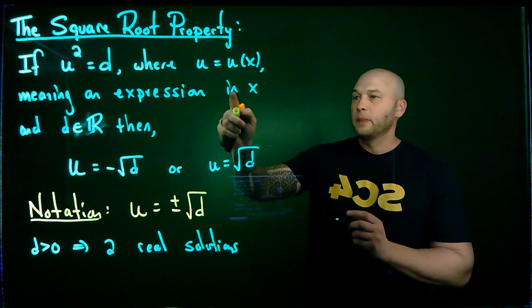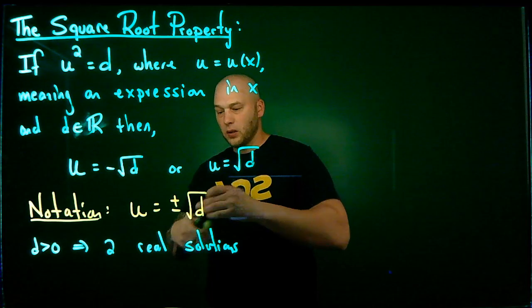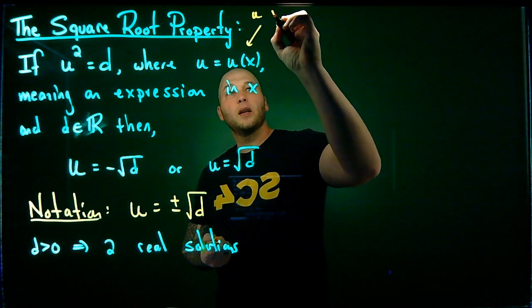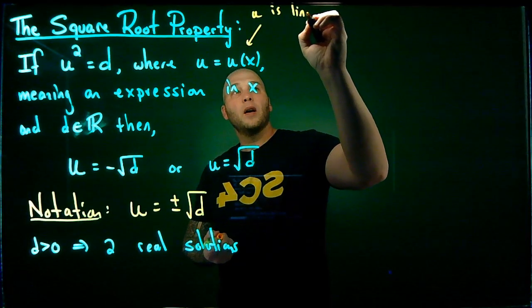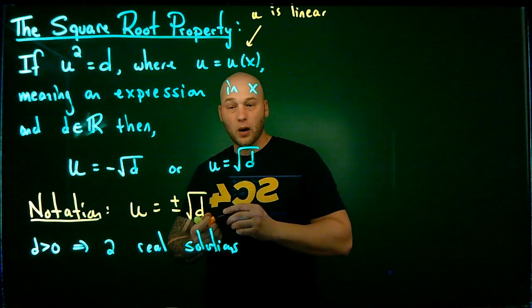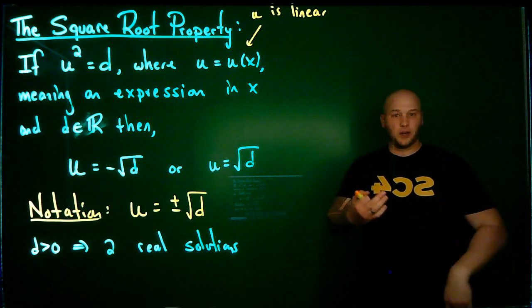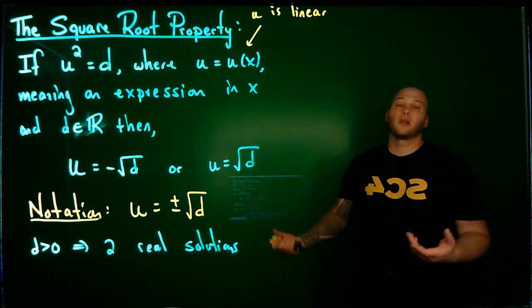Therefore, in this case, there would be two specific real solutions. Now, of course, in your pre-calculus course, calc course, and so on, u could be any expression that has trig functions or logarithms or radicals or anything like that.